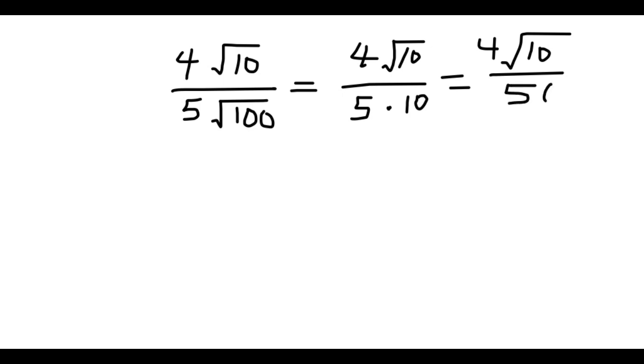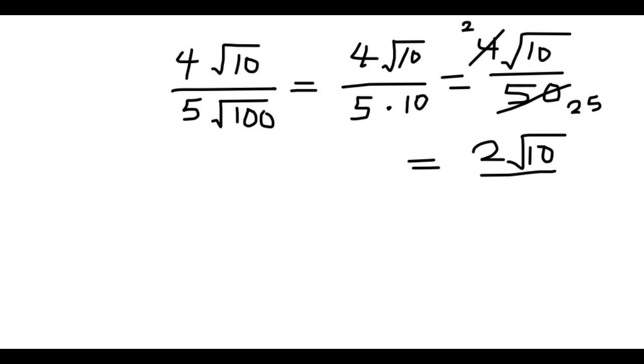So this can be simplified further. Dividing by 2 here, we have 2, then 2 into 50 gives us 25. So we then have 2 square root of 10 over 25, which is the final answer to this problem.